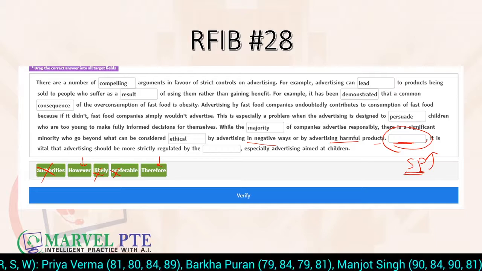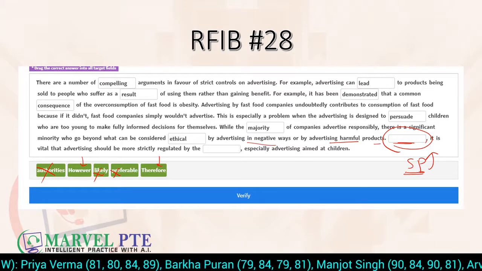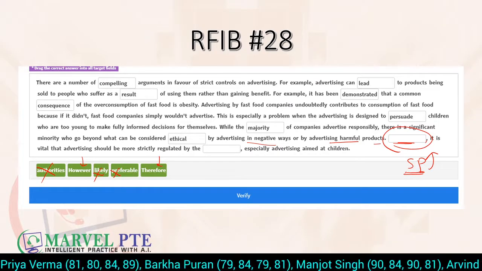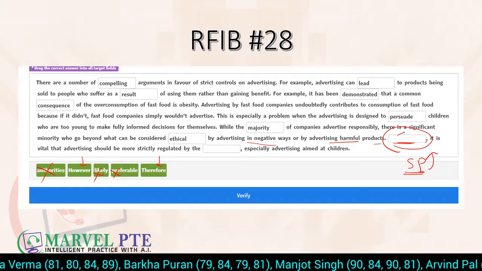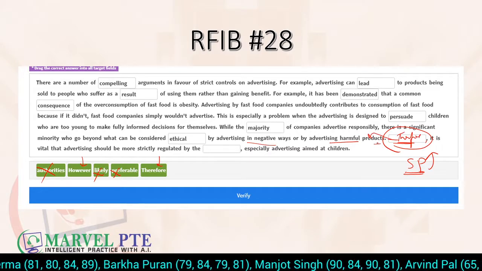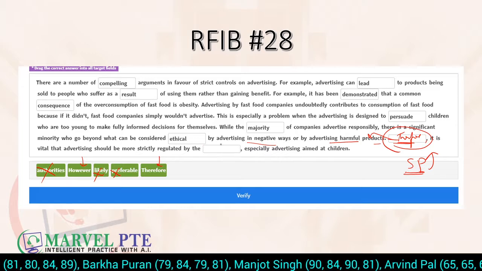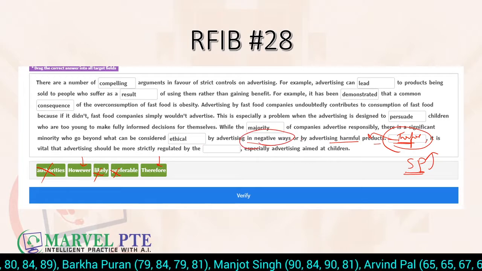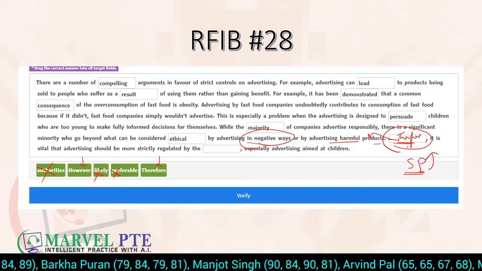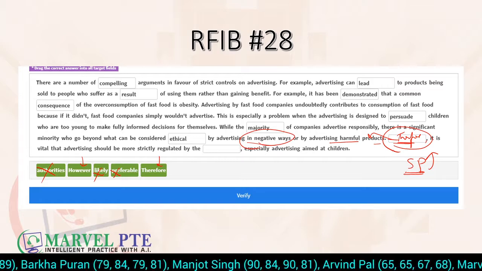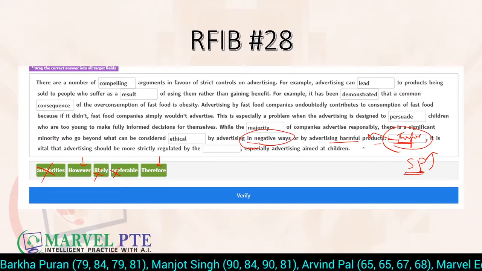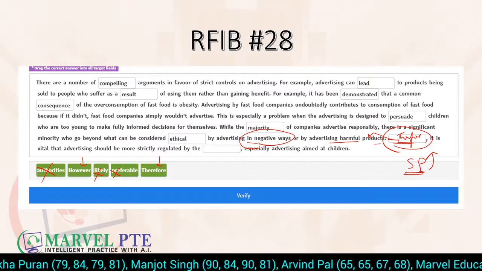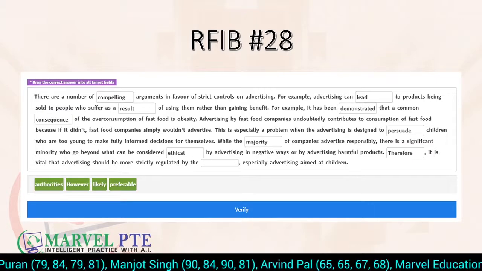Therefore it is vital, or however it is vital, that advertising should be strictly regulated. It is going to be therefore. Why is it going to be therefore? Because they are talking about some companies abusing or using it in negative ways. So it is the continuation, as a result or as a consequence of that, which is a synonym for therefore. It is vital. So that's why we are going to put therefore over here.